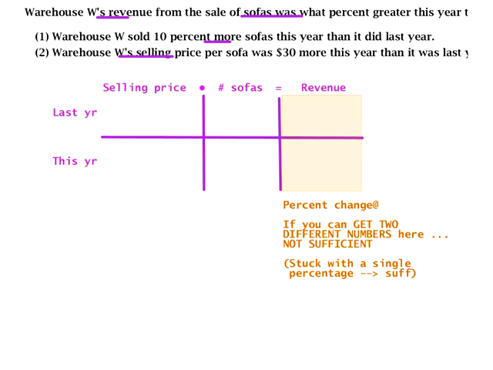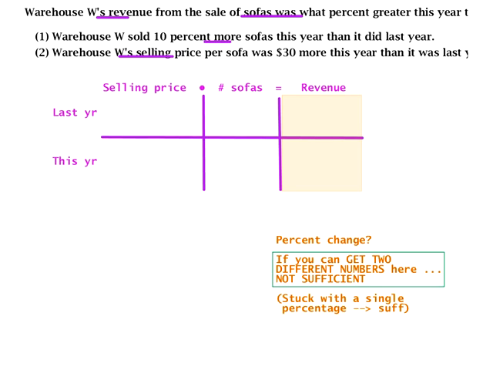But this is what you're ultimately trying to do. You're trying to get 2 different numbers. So percent change. All right, and then let's actually make that a box in itself. Percent change, that deserves a box. Okay.